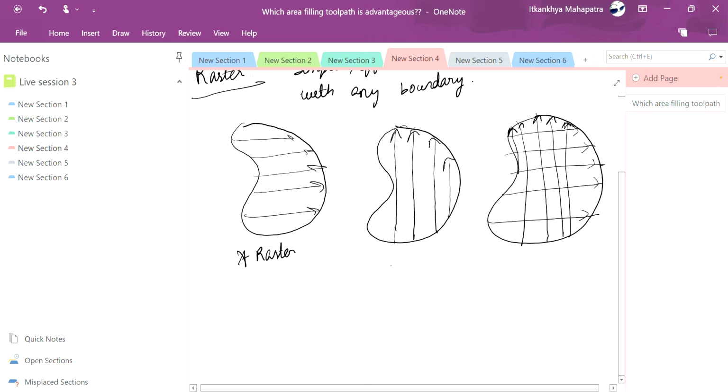Now in X raster, suppose this point is 1 and this point is 2. The tool moves from 1 to 2, and at 2 it gets switched off. Then the tool is lifted in the air and moves to 3. The dotted line is the tool lifted in the air moving to 3, and then it again deposits from 3 to 4. So the dotted lines are the movement of the tool in air.